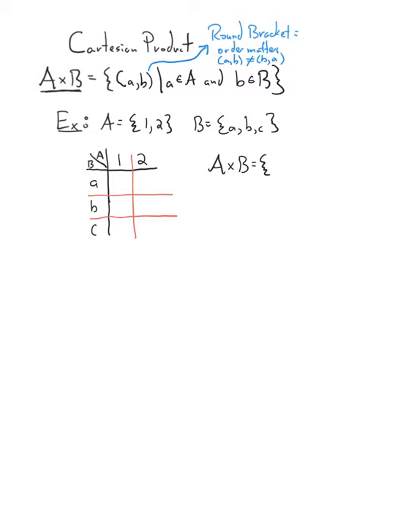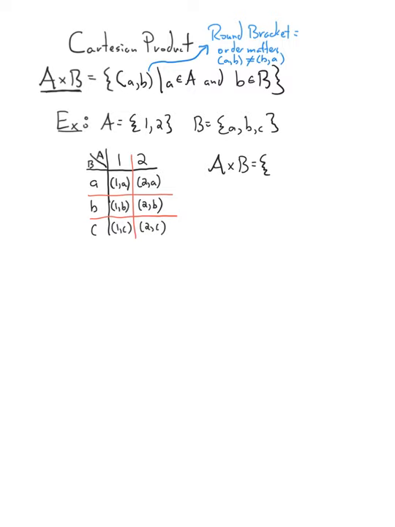So this ordered pair, well, you have 1A, so the 1 from big A and the little a from big B. Here you have 2A. Here you have 1B. Here you have 2B. Here you have 1C. And here you have 2C.